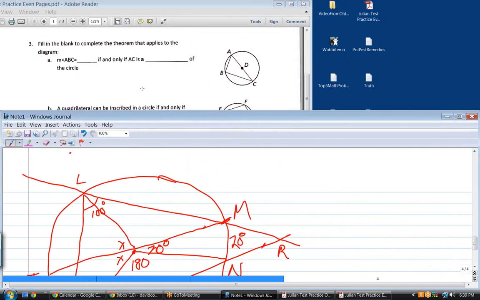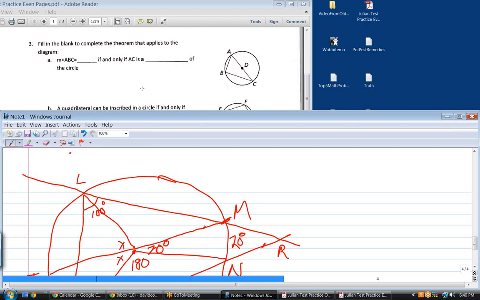Fill in the blank to complete the theorem that applies to this diagram. What the heck does that mean? M is less than ABC, if and only if AC is a what? Okay.